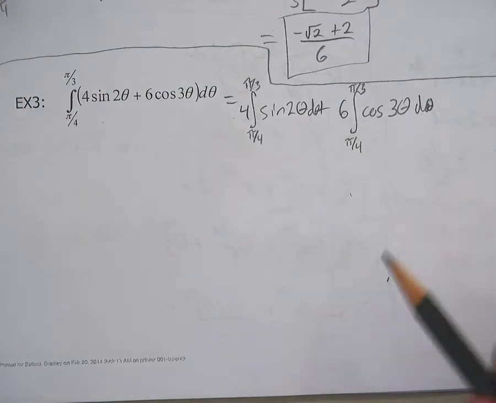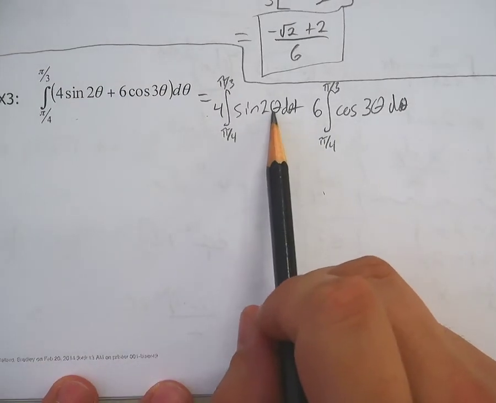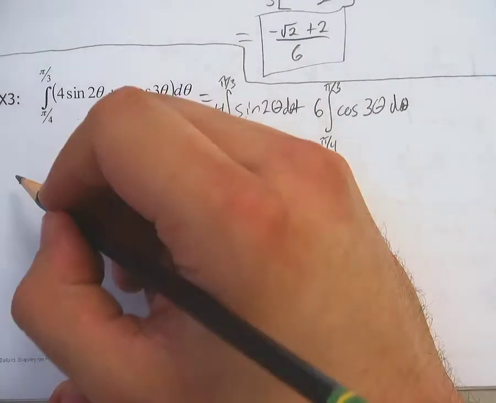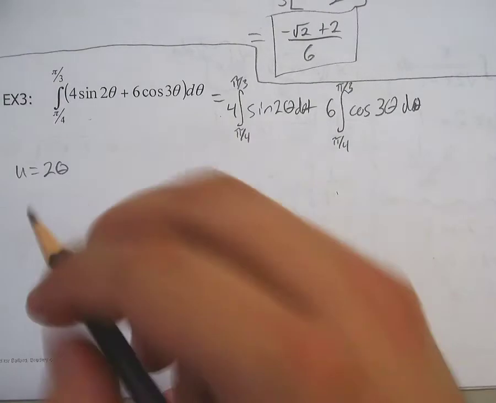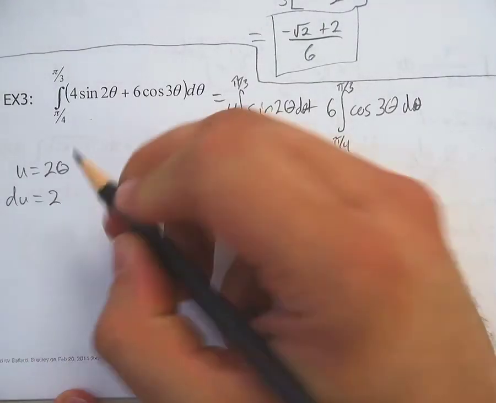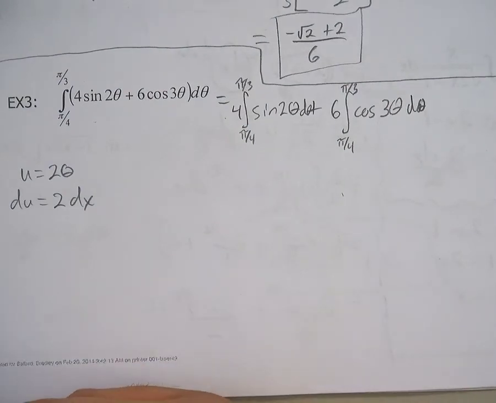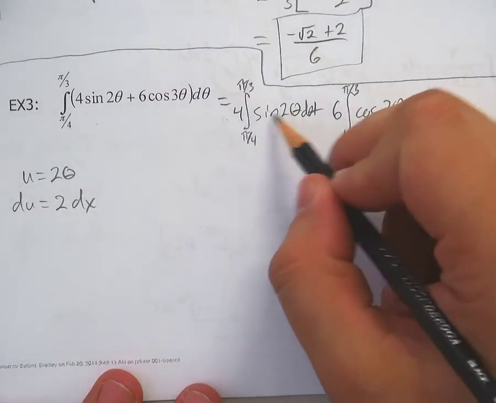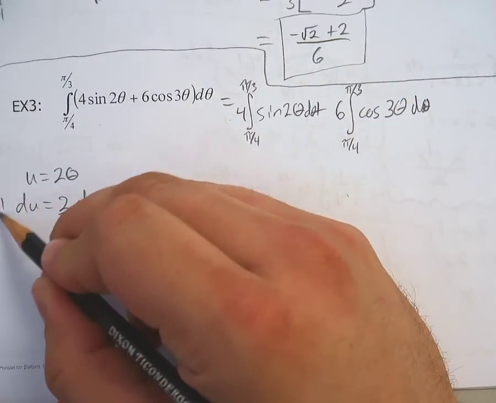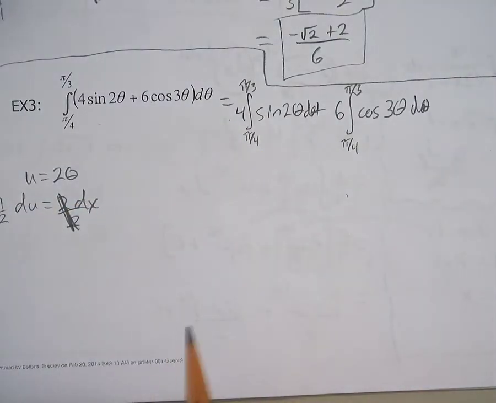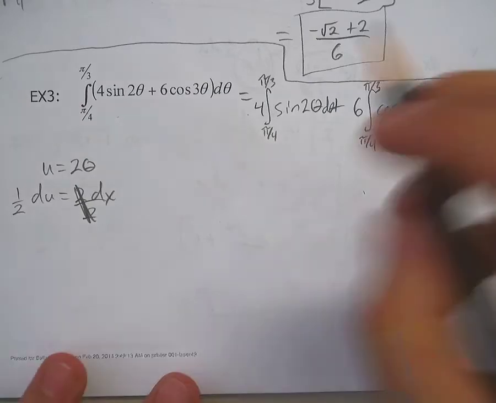So that means I'm going to have to do two u substitutions. The first one from here. So I'm going to call u 2 theta. So for this one, du is going to be 2 d theta, right? And I am missing a 2 outside of this thing. So I'm going to need to compensate by dividing by 2. So this is 1/2 du. There we go. So I'm going to rewrite this really quickly here.